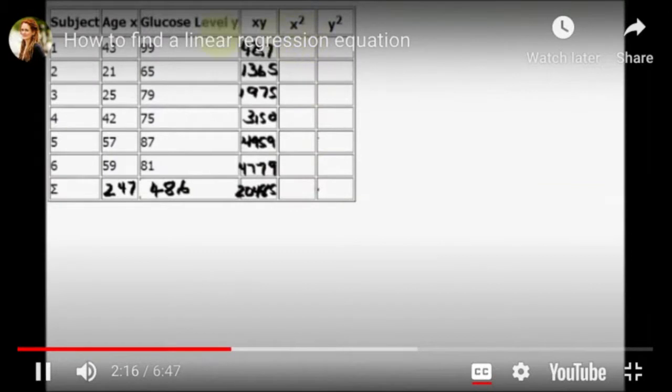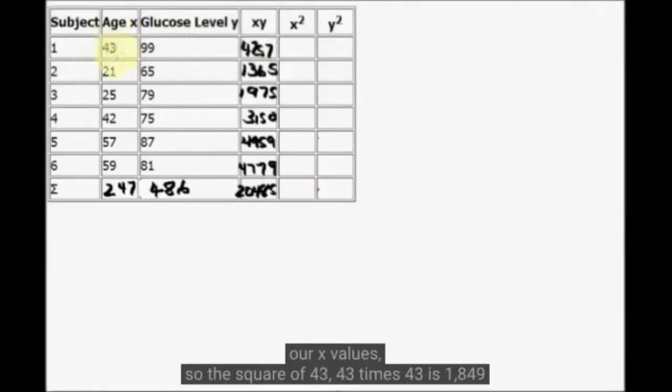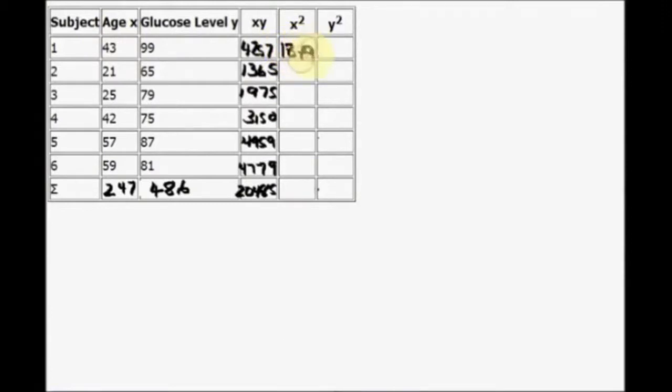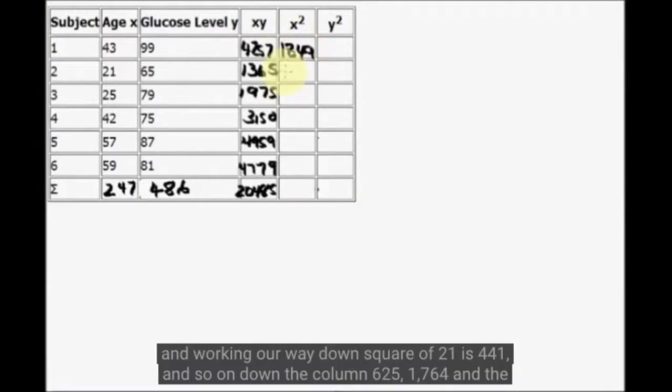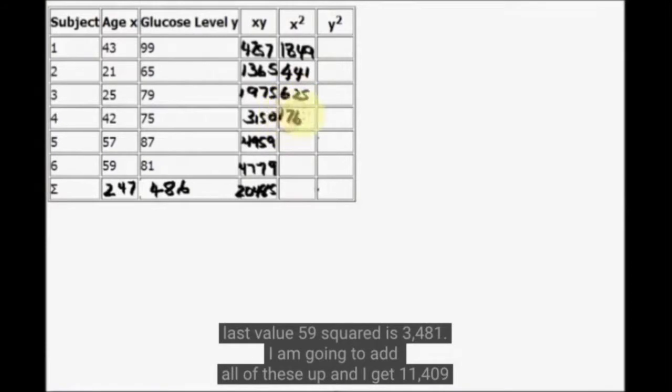For the X squared column, we're going to square our X value. So the square of 43 is 43 times 43. It's 1,849. And working our way down, square of 21 is 441, and so on down the column, 625, 1764, and our last value, 59 squared, is 3,481.